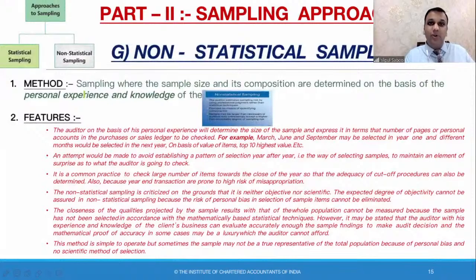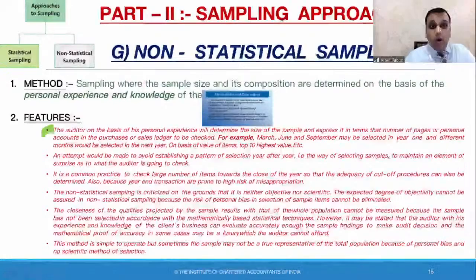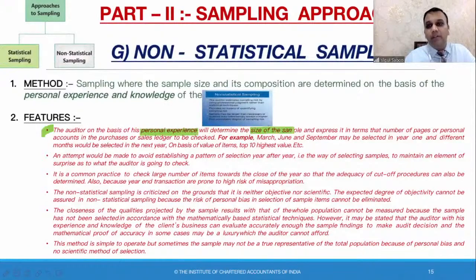The sampling which is not statistical is non-statistical sampling. What are the features of this kind of sampling? So auditor, on the basis of his personal experience, will determine the size of the sample and express it in terms that number of pages or personal accounts in the purchase or sales ledger to be checked.